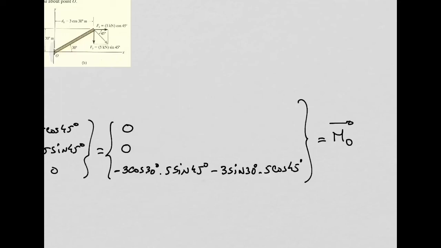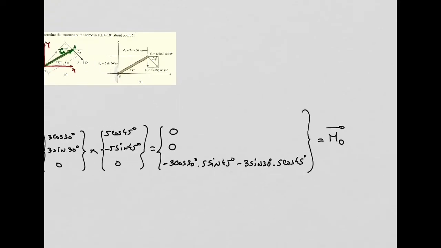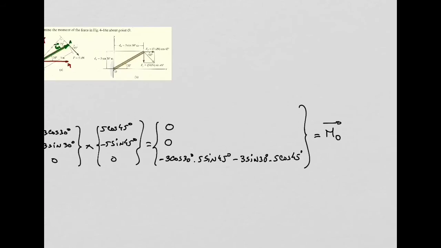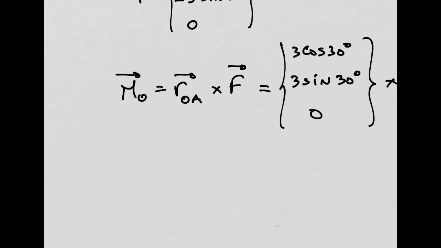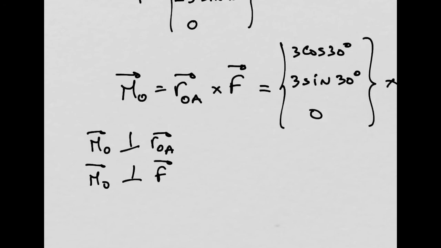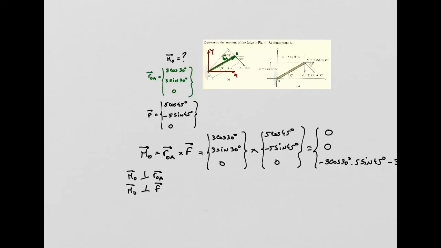Does this make any sense or not? Let's see if this makes any sense. What did I tell you last week about cross product? I told you that the cross product of two vectors, the result, which in this case is the moment, needs to be perpendicular to both vectors, right? So the result needs to be perpendicular to both the position vector and the force vector.